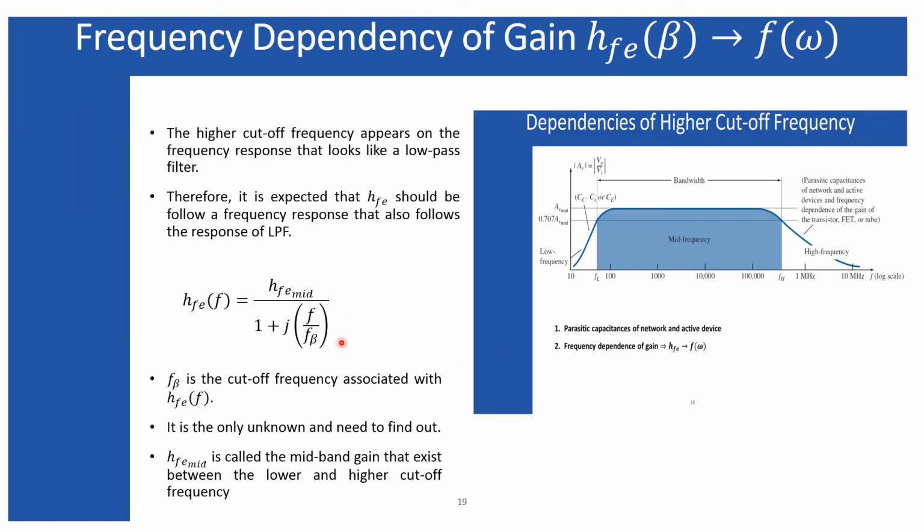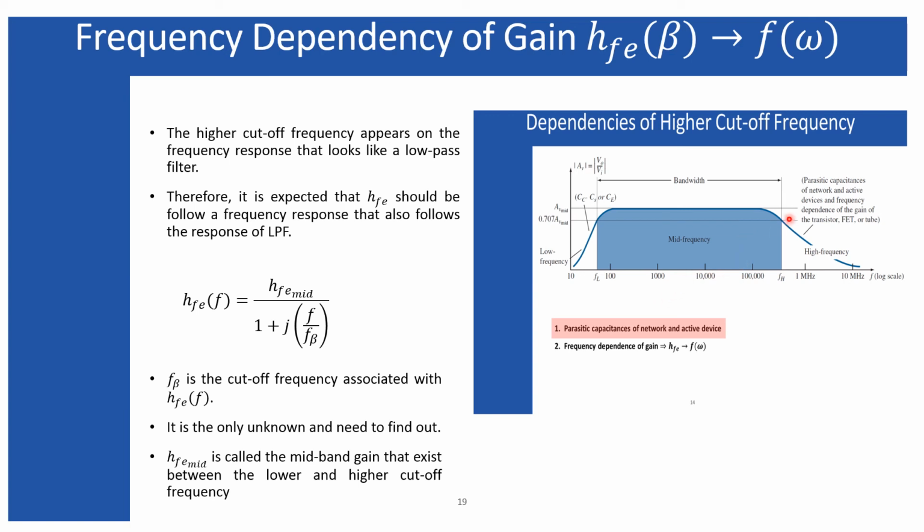As I told at the beginning of high frequency response, the frequency response at higher frequency depends on two factors: the parasitic capacitance and the network capacitance, which I have computed just now, and the second factor is the frequency dependency of the forward current gain, or HFE.